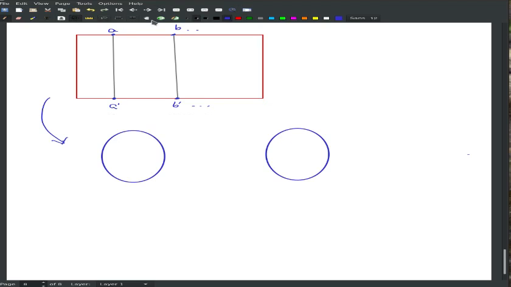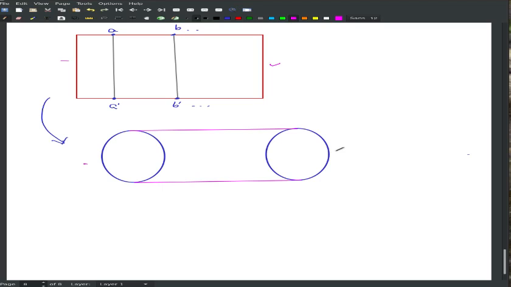And these two lines. So this edge over here would become this kind of a circle.